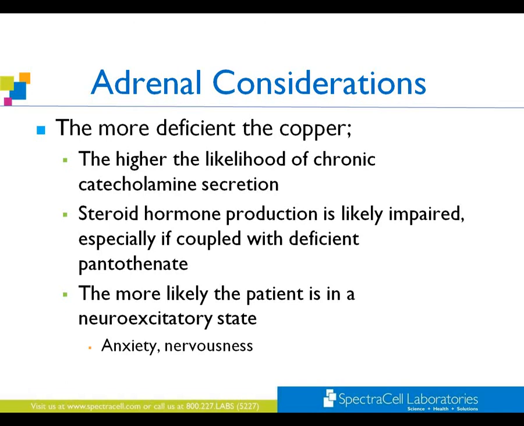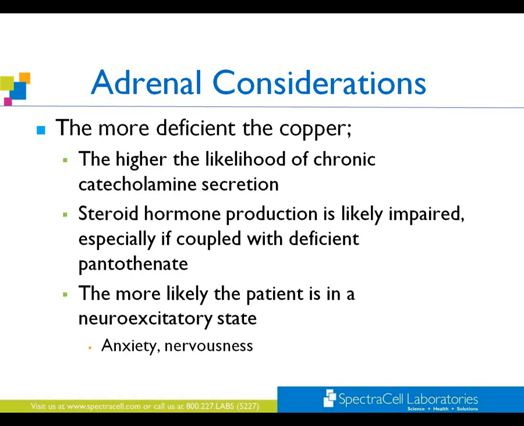And the thought process you want to have in looking at copper as having a role here is that the more deficient copper is, the higher the likelihood that you're going to have some type of chronic catecholamine secretion. The more likely that epinephrine, norepinephrine, or adrenaline, noradrenaline are being secreted.